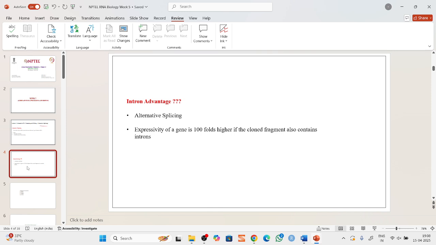Since we are splicing the introns, what is the need of introns? If introns are anyways going to be spliced out, what actually is the need of having introns? There are needs of introns, because introns can lead to alternative splicing.